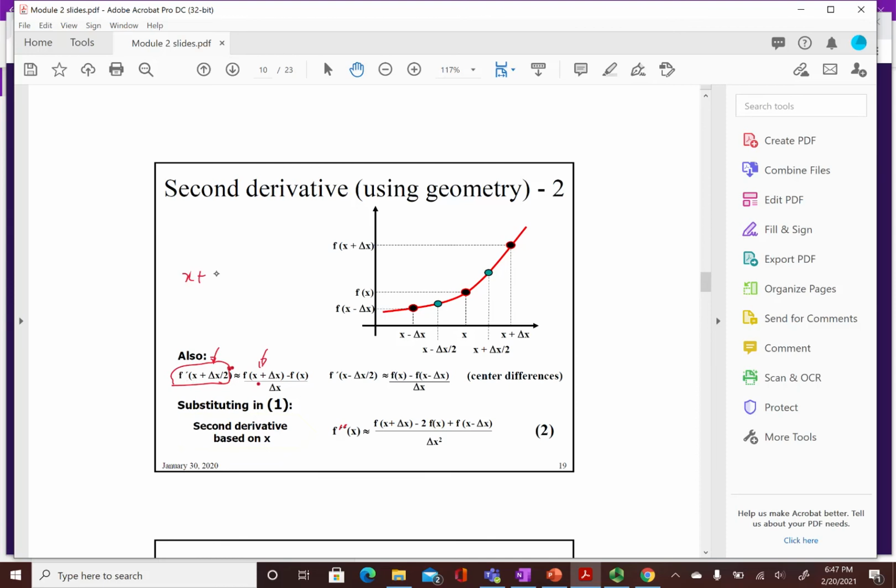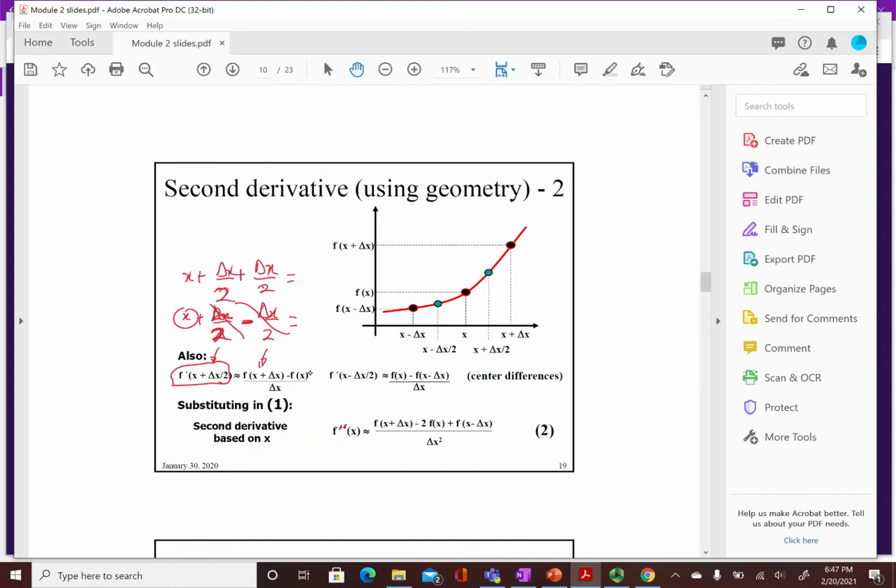So x plus delta x over 2 plus delta x over 2 is the first one. The second is x plus delta x over 2 minus delta x over 2, and that goes away.